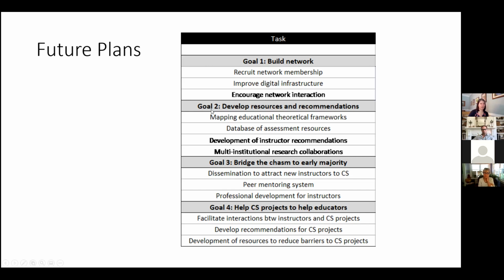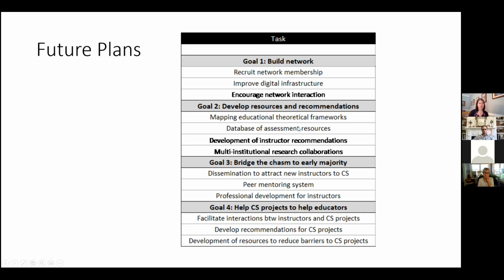Our second network goal is to develop resources or point people to existing resources, as well as creating these recommendations. So people who are interested in educational research may be interested in our efforts to map educational theoretical frameworks to see what are some of the educational frameworks that underlie the use of citizen science in class, and why that might be an effective strategy to do.